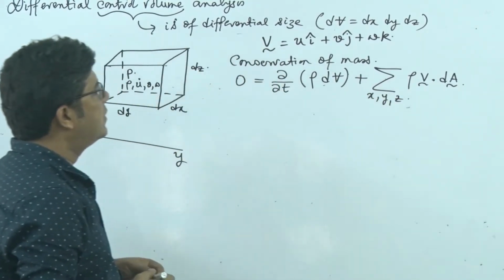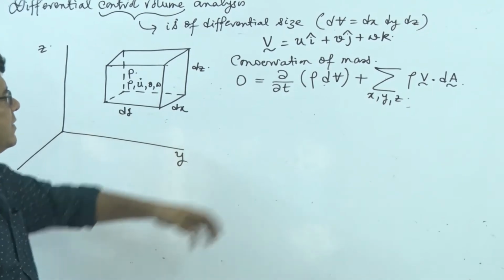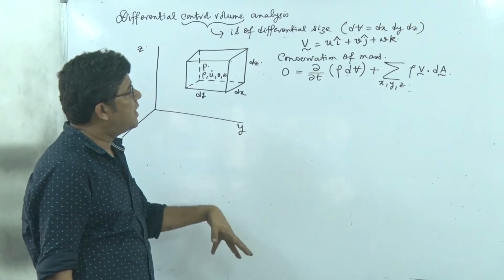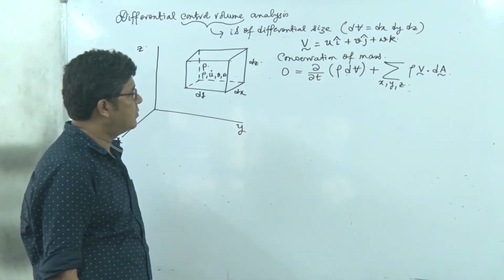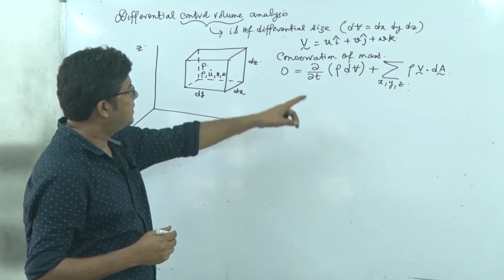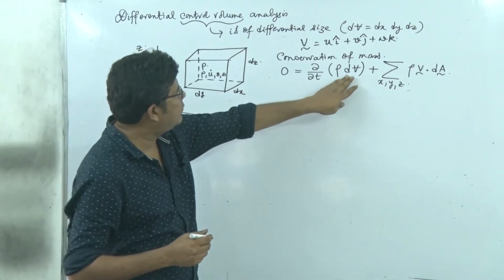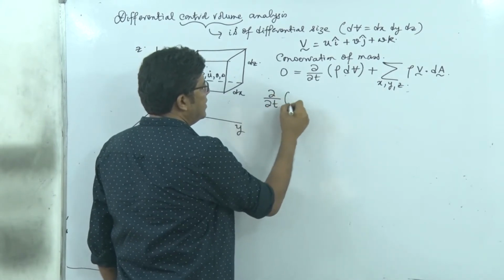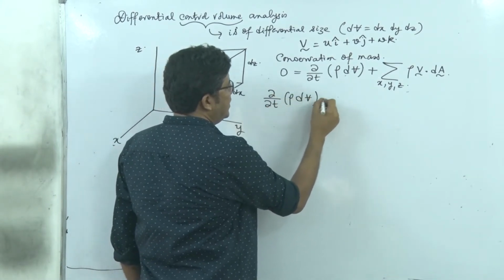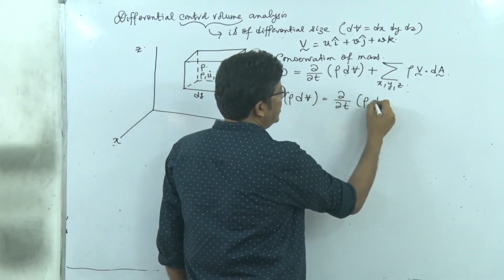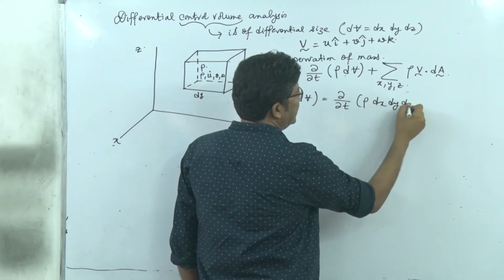That is the form of the Reynolds transport theorem converted to a differential control volume. The term del del t of rho dV is simply del del t of rho dx dy dz.